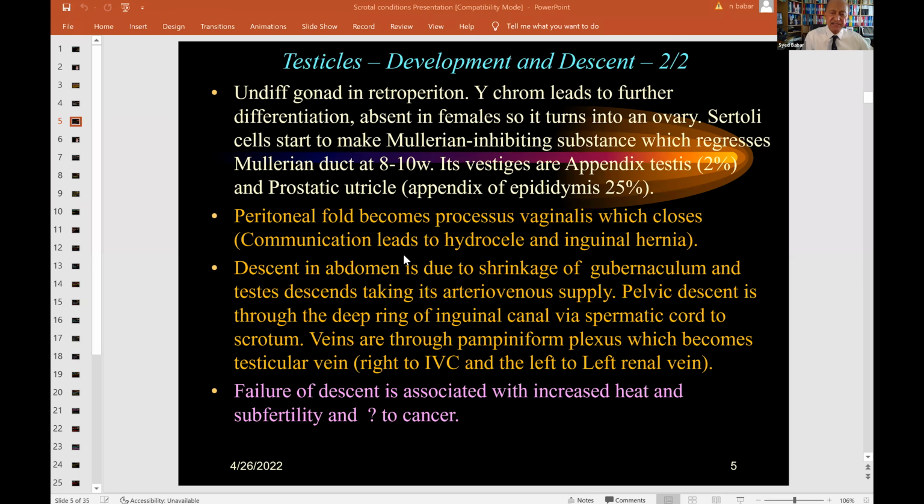And on the left side, it opens up into the left renal vein. If for some reason the descent of the testicle is prevented, then you have various embryological problems, including exposure of the testicle to a higher temperature, and therefore its functions and its anatomy are both adversely affected.